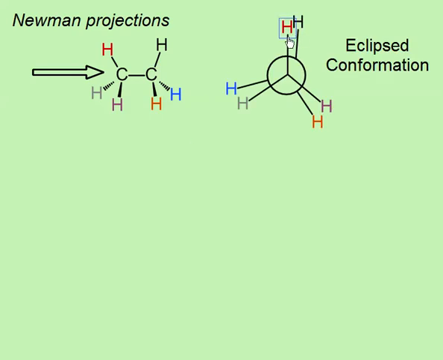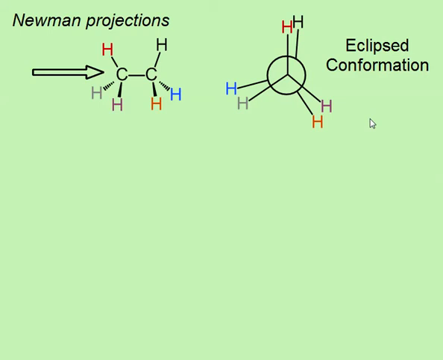Now I've rotated it slightly, skewed it slightly, so you can get a clearer picture of the bonds in front on the first carbon and the bonds at the back on the second carbon. But it's basically an eclipsed conformation. And these are the two views that we're going to use and compare and calculate the strain energies for.